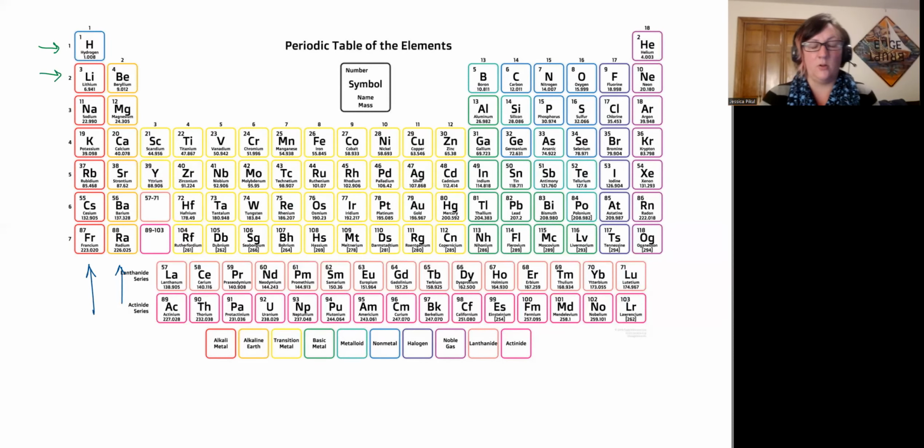So we've got this square grid. The rows across are called periods. And the columns are called groups.